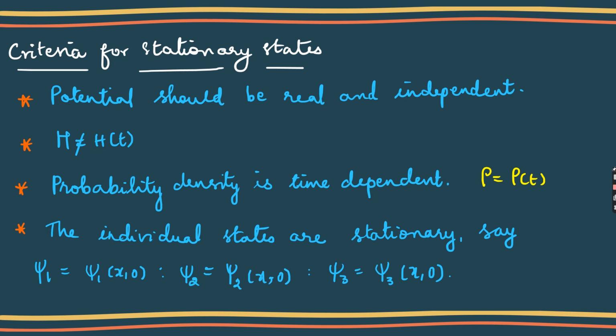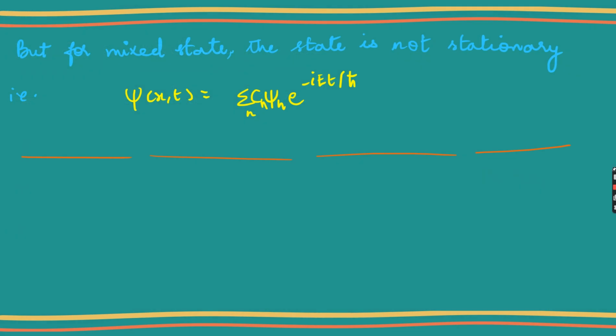Another important point: the individual states, like psi1, psi2, psi3, are stationary. Okay, I have a system and I say that the sub wave functions psi1, psi2, psi3 are stationary, which means they are independent of time. These are all sub wave functions. When they are mixed, when they are written in the main function and superimposed, that particular wave function will not be stationary.